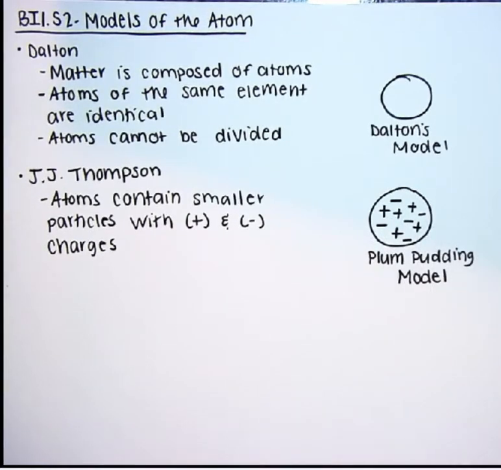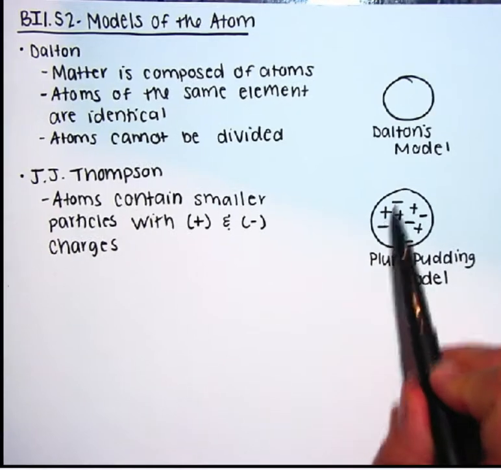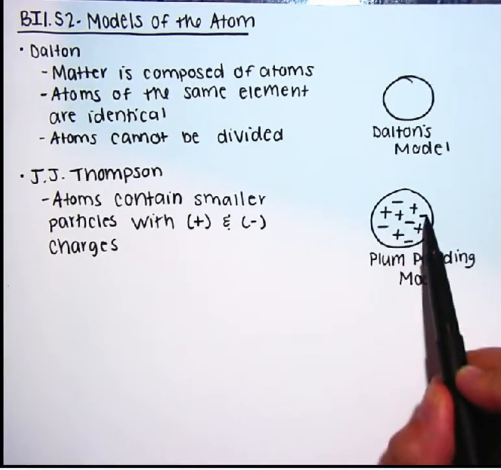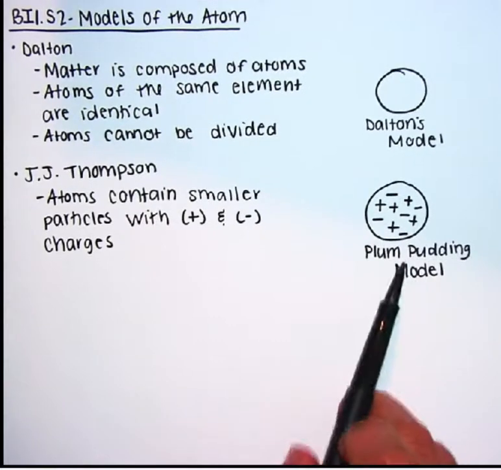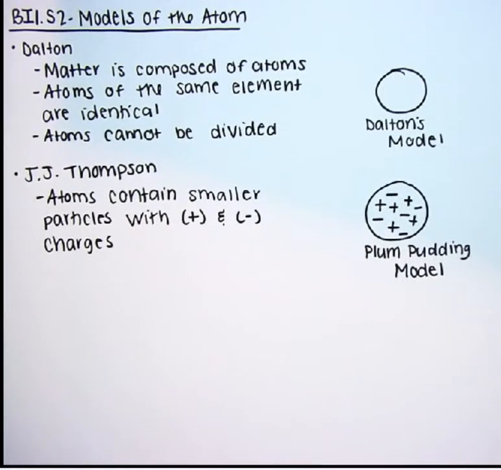And then you have blueberries embedded throughout that muffin. The blueberries are like those negatively charged particles. So you have this region of positivity, and then you have all of these negatively charged particles embedded into it. Just like we have this muffin with blueberries embedded into it. So since we're not familiar with plum pudding, think of this more like a blueberry muffin.